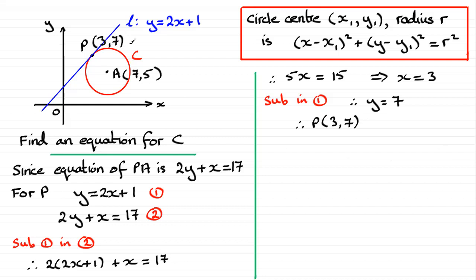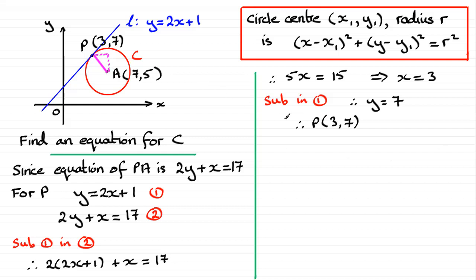We're in a position now to get that radius from P to A. We can just use Pythagoras' theorem. Think of this triangle through here, a right angle triangle. You should be familiar with working out the distance between 2 points. It's essentially the difference in the x coordinates squared plus the difference in the y coordinates squared, square rooted.